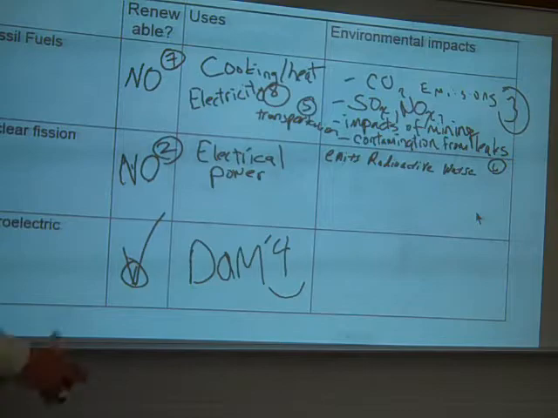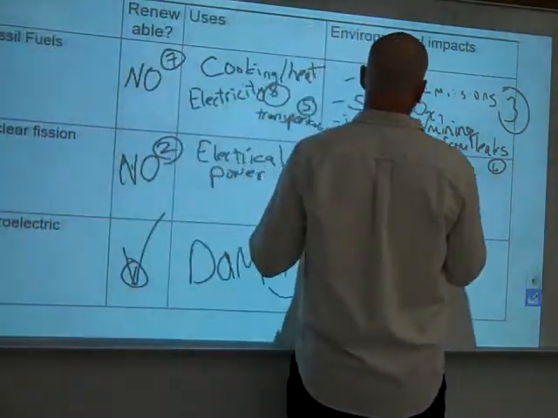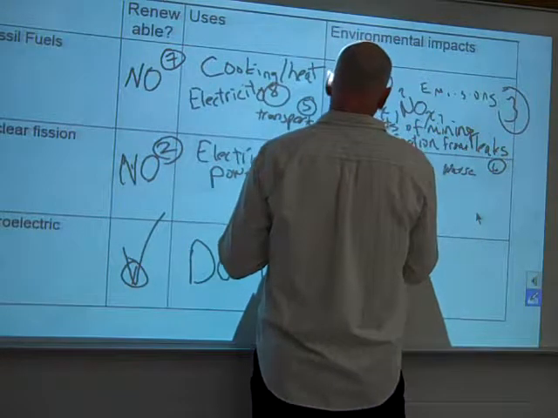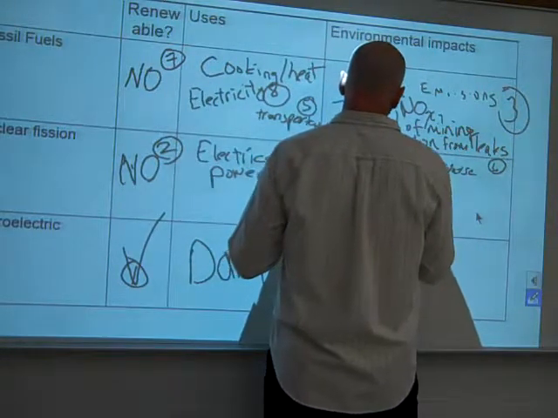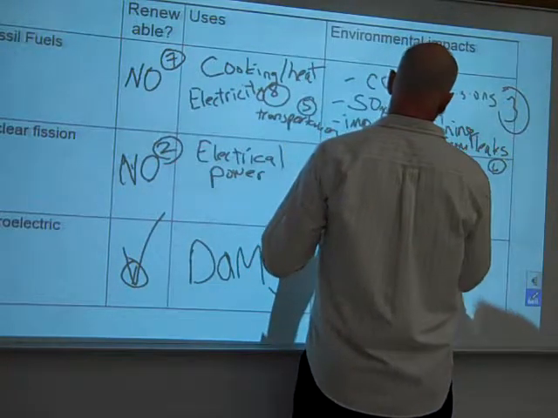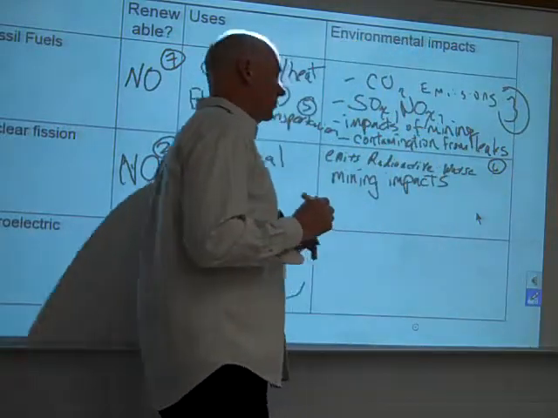So radioactive waste is the number one problem with nuclear power, so that's very good, group 6. And you have mining impacts, of course. If you're mining for uranium, the ore that is found is called pitchblende.